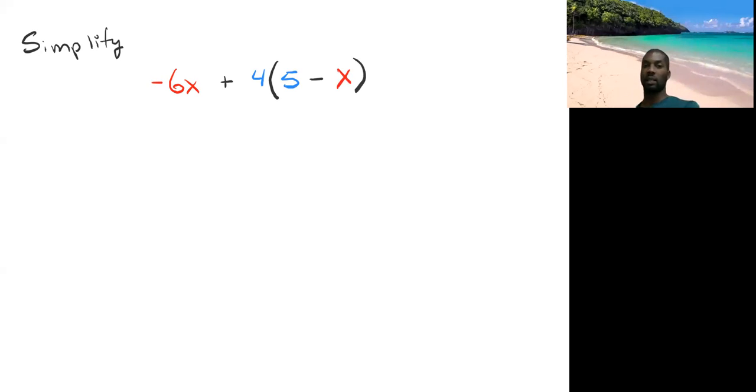So when I'm trying to simplify these, the first thing I'm going to look for is anywhere I can use distributive property. And right away, I see I can do it with the 4 times the 5 minus x. So I'm going to have a 4 times 5 right here.